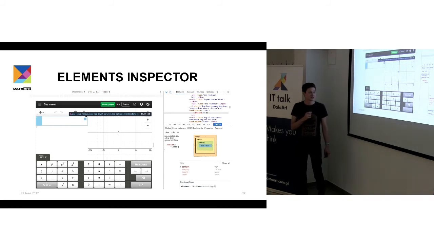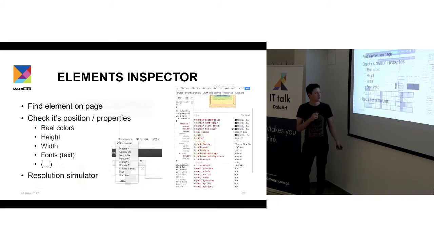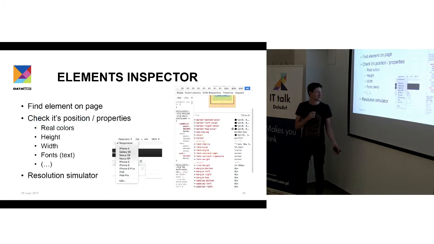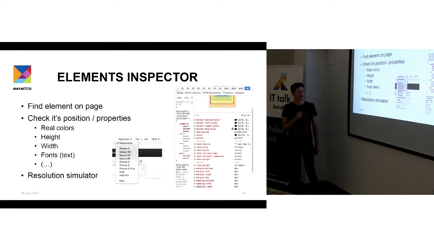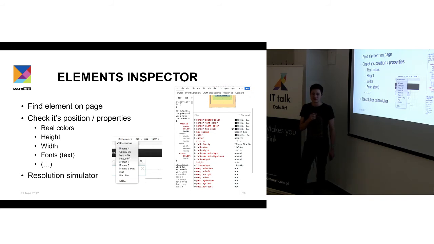With the elements inspector, you have the position, colors, height, width, and the fonts of the element. So you can check the designs and mockups, how your page looks and feels, and whether it is the same as expected. So just use it when you need to test user interfaces.